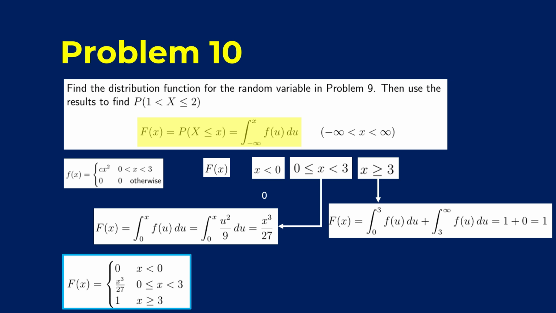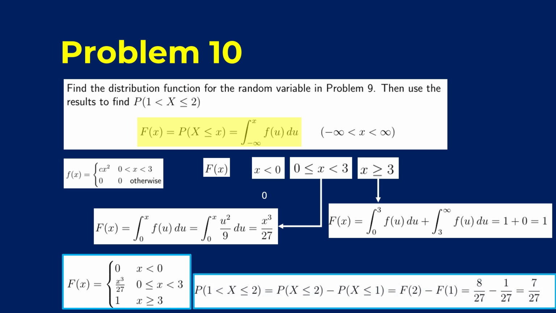Now to solve part B, since we are trying to find the area under the curve, it is equal to the difference between the area to the left of x equals 2 and the area to the left of x equals 1, which are essentially the differences between CDF values when x equals 2 and 1.